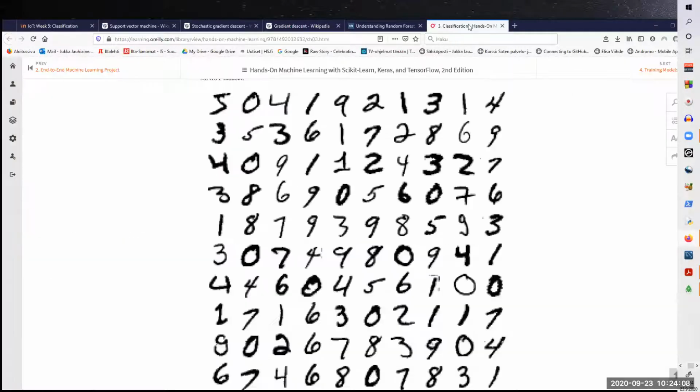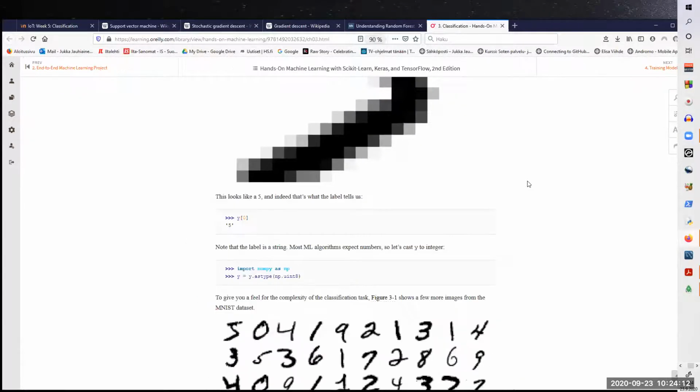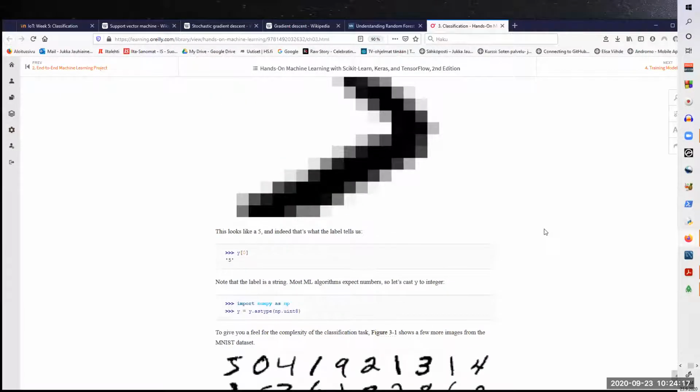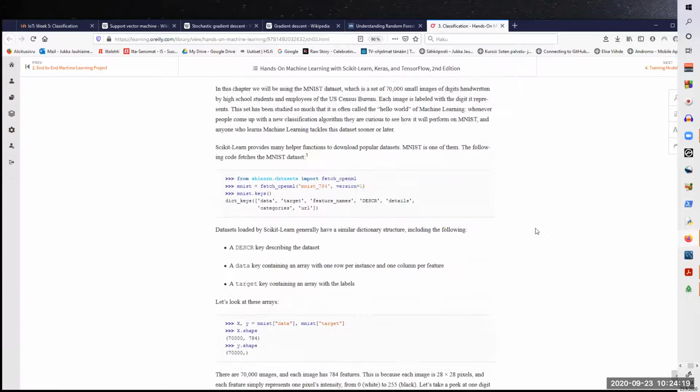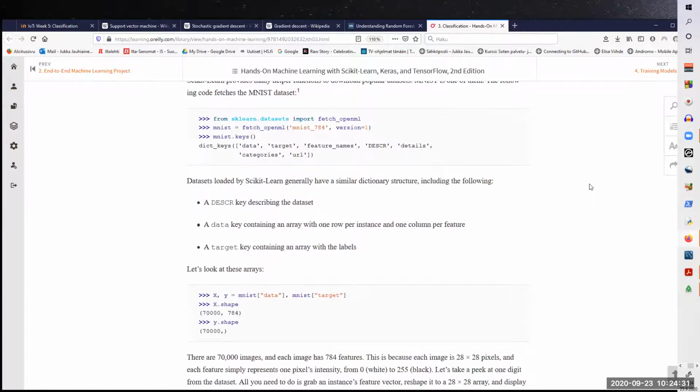But if we go now to the original problem of classifying these handwritten numbers, in the beginning of this text, the author describes how to classify one single number, namely number 5.